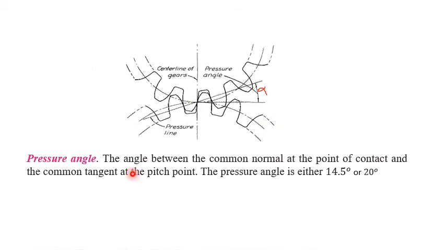This is the common normal, and this is the tangent. The angle made by this common normal and common tangent drawn at the pitch point is nothing but the pressure angle, and usually this pressure angle is 14.5 degrees or 20 degrees.